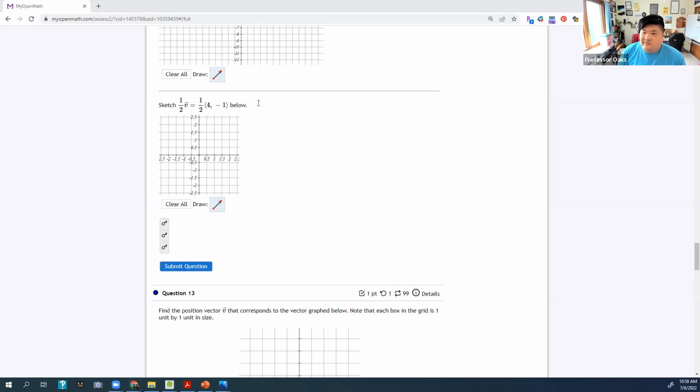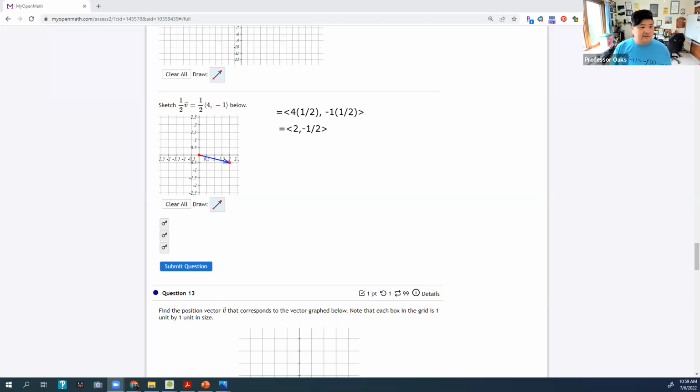So if you do 4 times a half and -1 times a half, it's not going to be that difficult to get 2 and -1/2. Then you go 0, 0 and then 2, -1/2, and that's that one. So that's those types of problems.